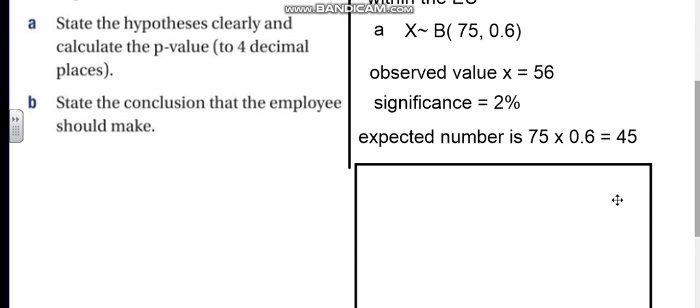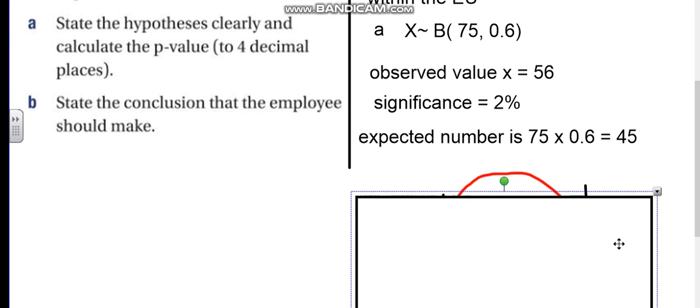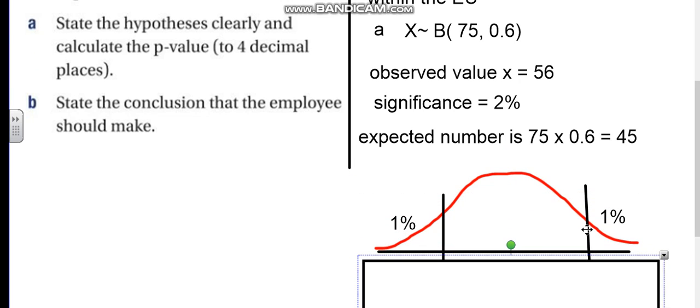Now what I want us to consider is it's a two-tailed test. Firstly, significance is 2%, which means I've got to split that up, so it's 1% either end. But 56, I don't know whether I should be looking at this end and doing less than or equal to 56, or whether I should be looking at this end and doing greater than or equal to 56.